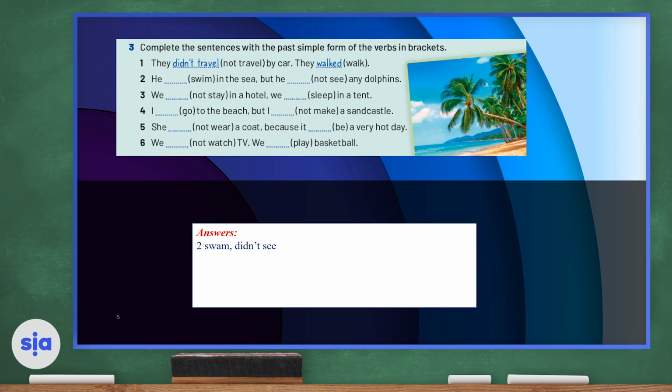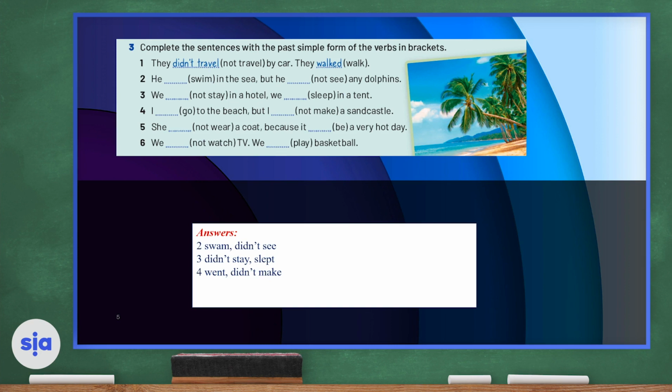Number 3, we not stay in a hotel, we sleep in a tent. So we can say, we didn't stay in a hotel, we slept in a tent. And number 4, I go to the beach, but I not make a sandcastle, will be I went to the beach, but I didn't make a sandcastle.